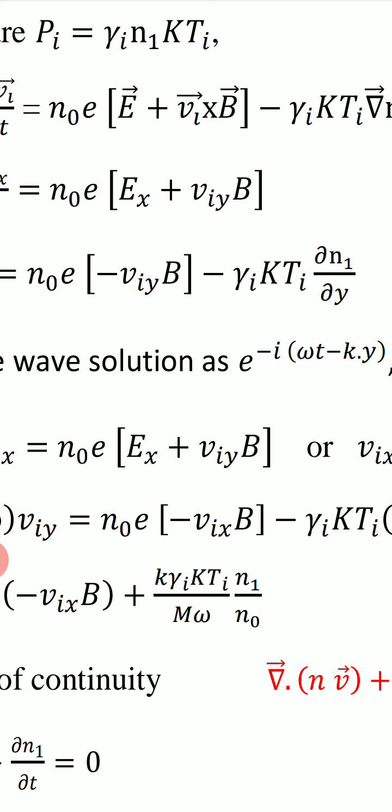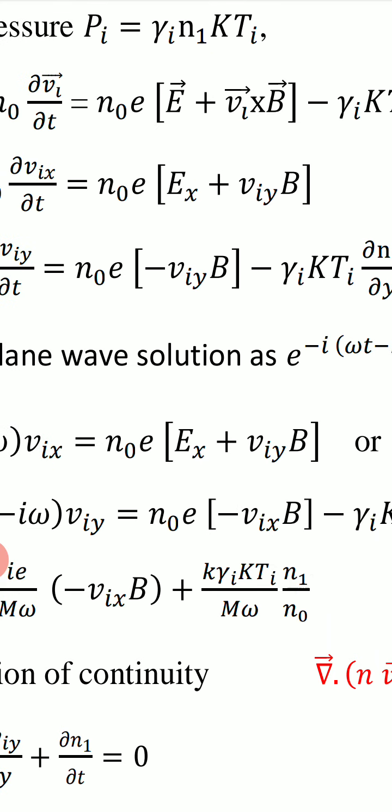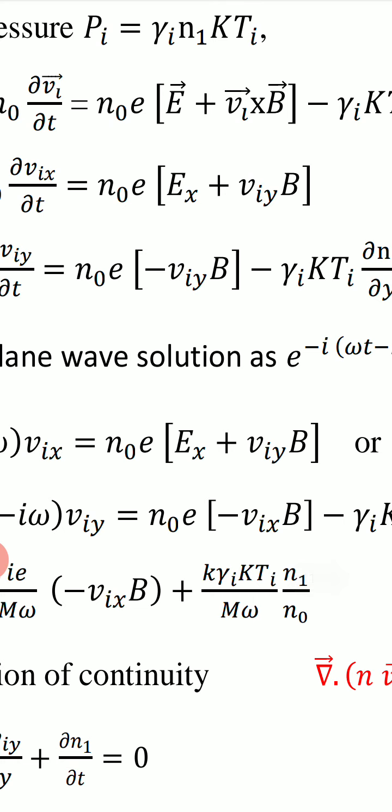And in the third row, we put the components of B vector, that are 0, 0, B, because B vector is along the z-axis. So by solving that determinant, we can solve this V vector cross B vector and find its x and y components. So its x component comes Viy B. Viy is the y component of ion velocity.